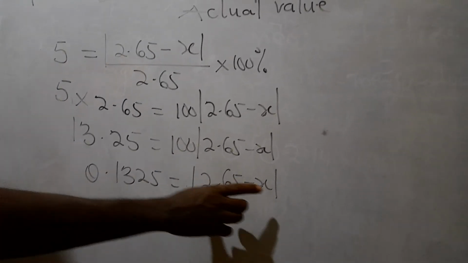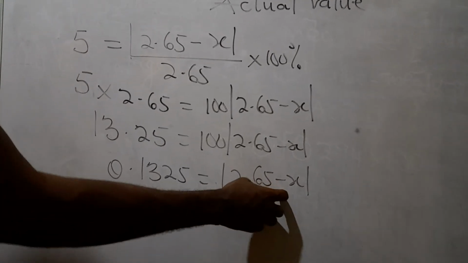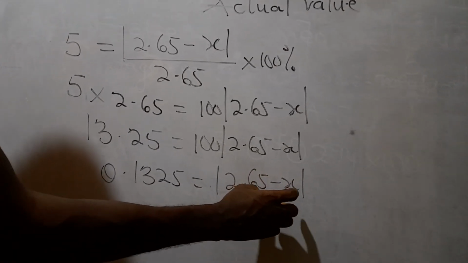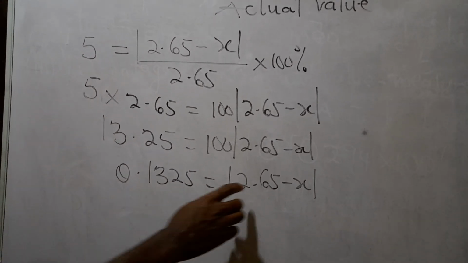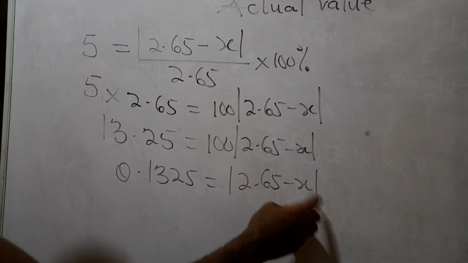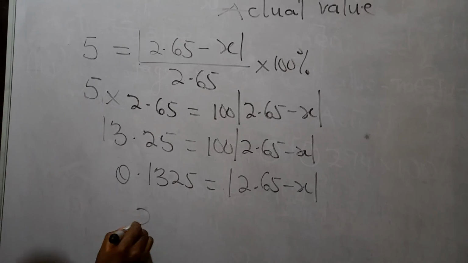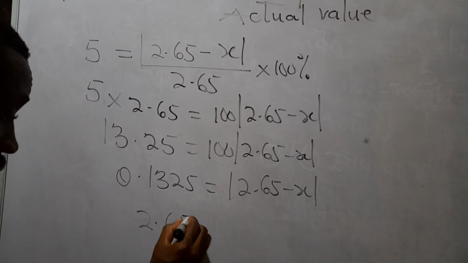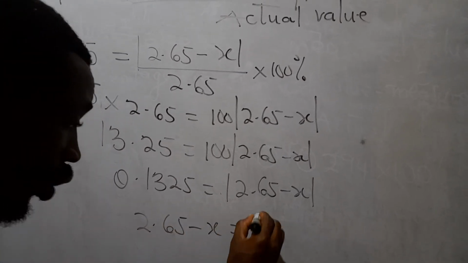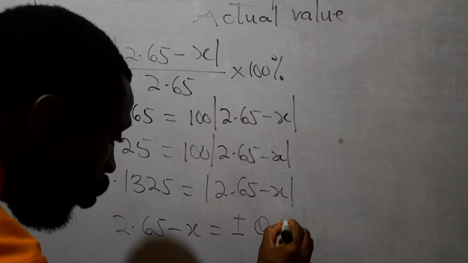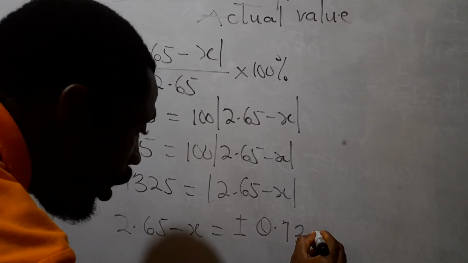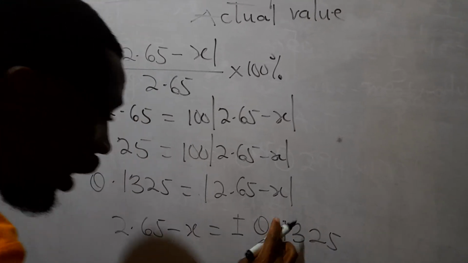Remember, the absolute value of any number will be plus or minus that number. So you can say the absolute value of 2.65 minus x can be equal to plus or minus 0.1325.